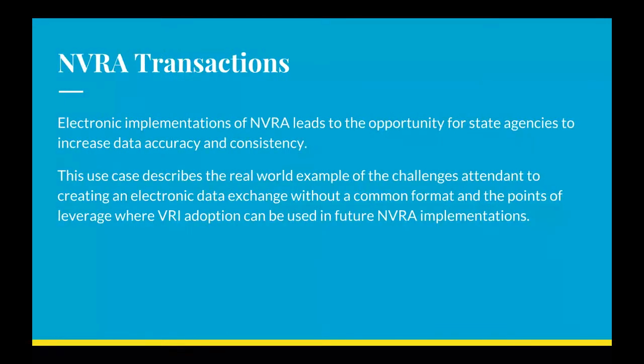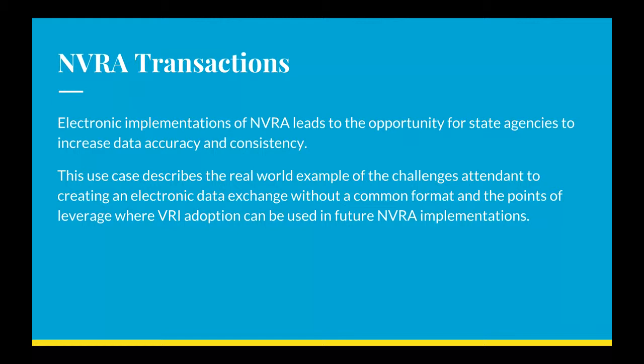As I mentioned earlier, electronic implementation of NVRA, so that NVRA agencies are agencies that are required under the National Voter Registration Act to offer voter registration transaction services to their clients. They're mostly state agencies where there is a statutory responsibility for offering voter registration to its customers who have already provided information for other purposes.